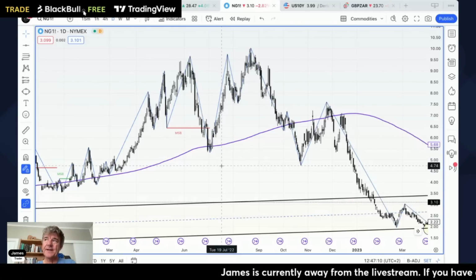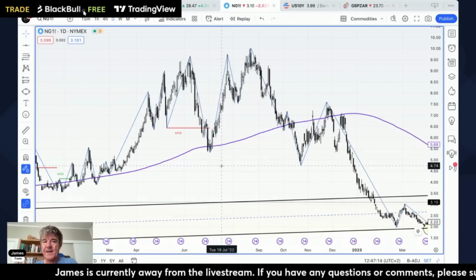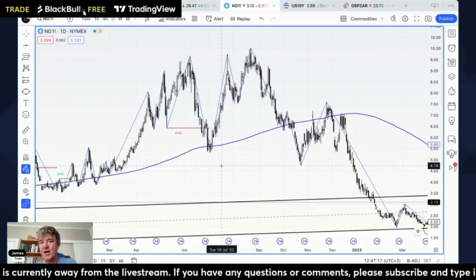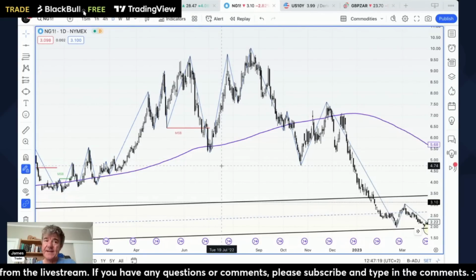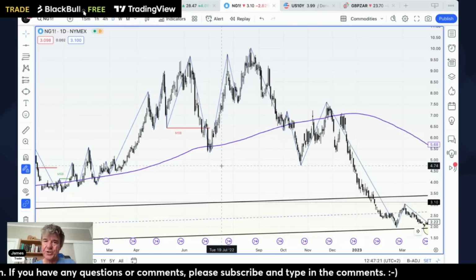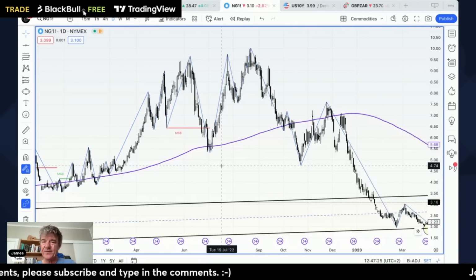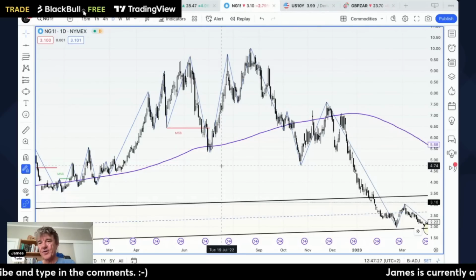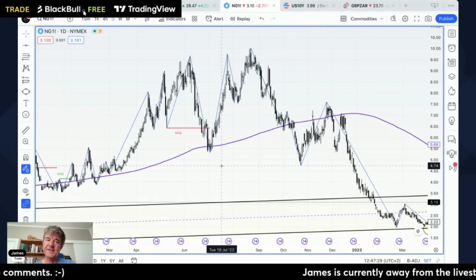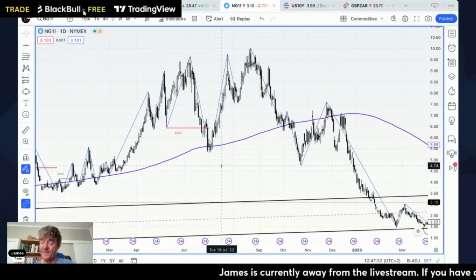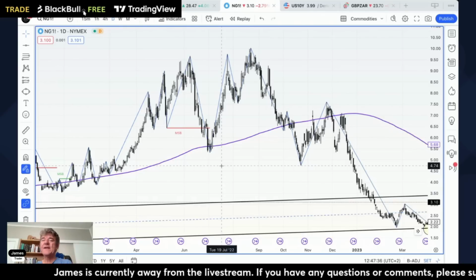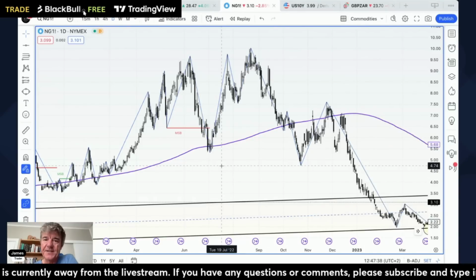I look at, I think, all the things that everyone else looks at on natural gas, but I put my main emphasis on the charts, on the technical charts. I'm a mathematician, but that's not the reason for this, but I believe everything that you see on the charts reflects what's going on in the real world. And you'll see it first on the charts, often, not always, but often. And then the reason for that move becomes apparent later.